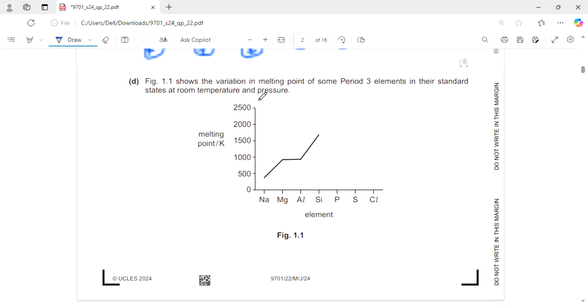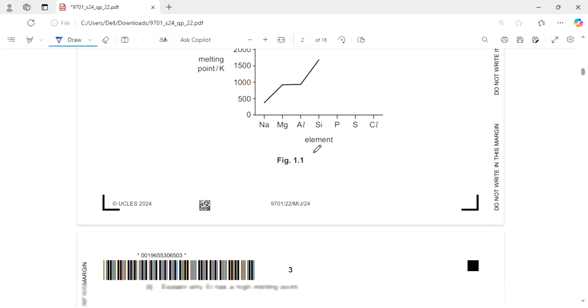Here you can see the melting point is increasing from sodium onwards, and it increases until silicon, which is showing the highest melting point.